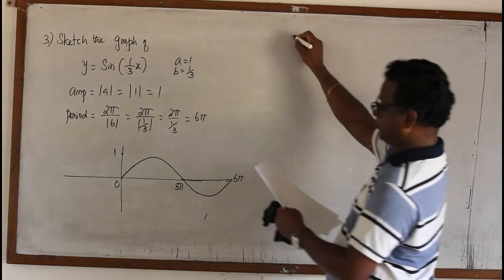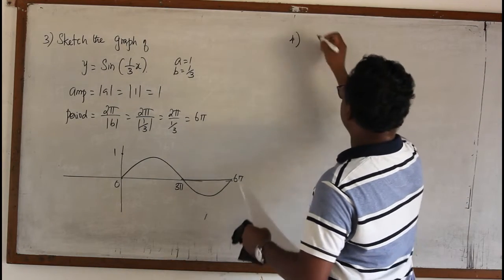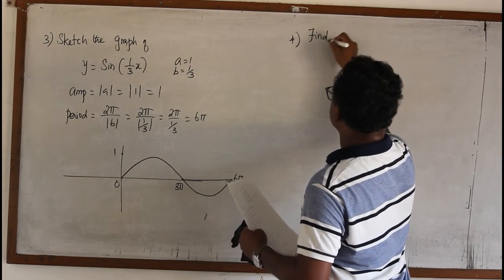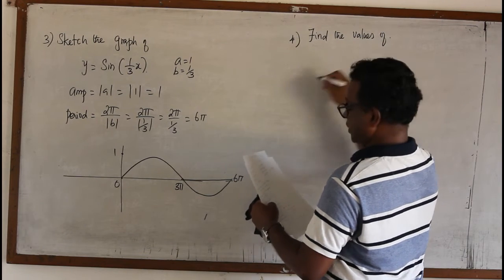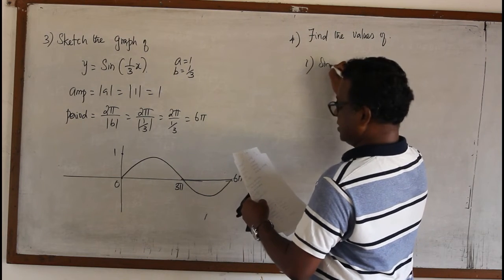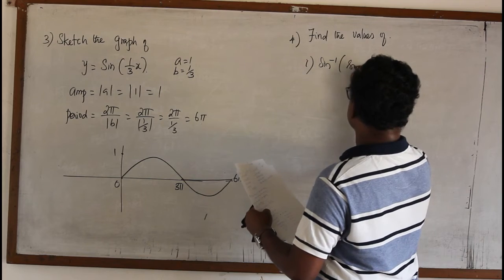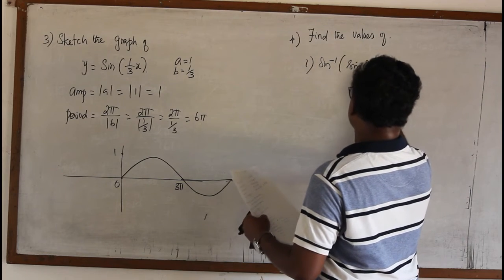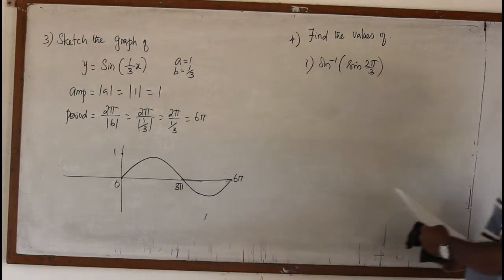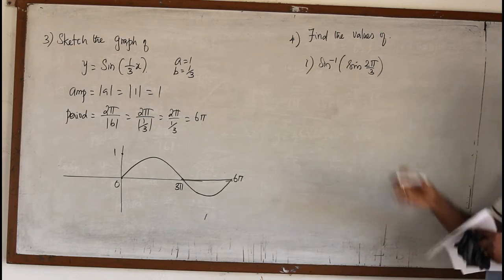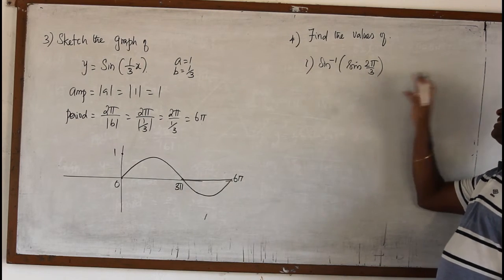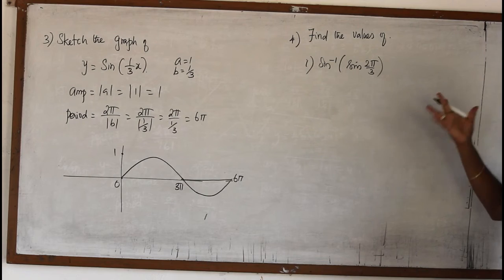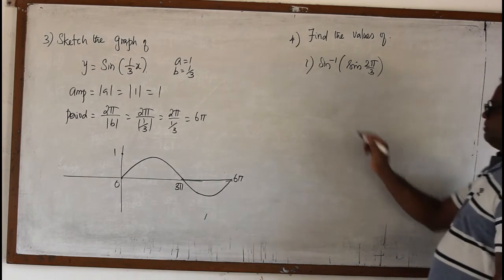Fourth, find the values of first one, sine inverse of sine 2 pi by 3. Sine inverse and sine will be cancelling. So you will have only 2 pi by 3. But you must check whether this value exists in the range which is minus pi by 2 to plus pi by 2.